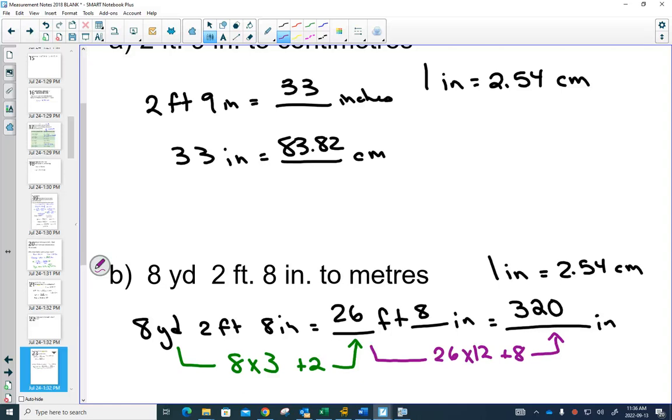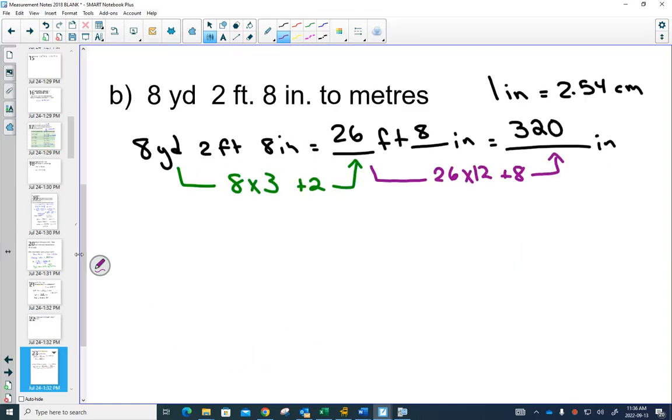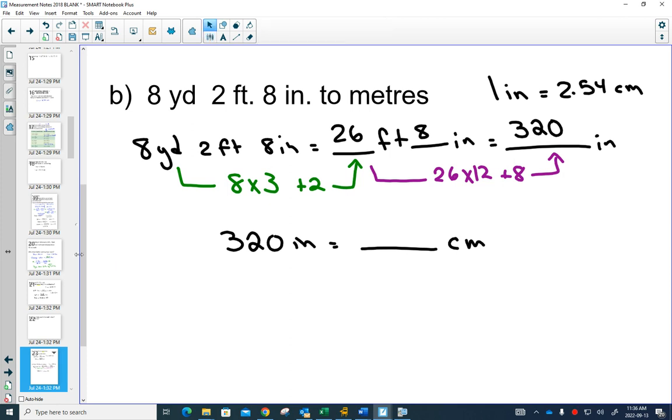And now that I have 320, I can change my 320 inches into centimeters exactly. Am I going to multiply or divide by 2.54? Multiply because we need more of them. 812.8.